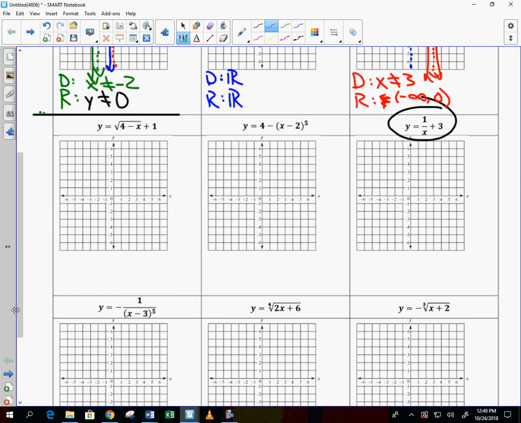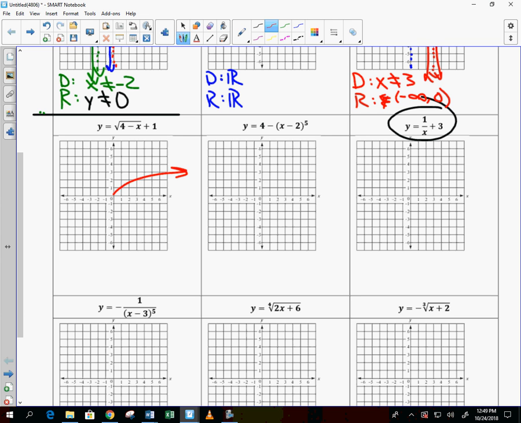What's the parent function look like for a square root? You remember this. Square root function? 4 minus x. What's going to happen with the 4 minus x? What do you plug in to make 0? 4. So it's going to move 4 units to the right.